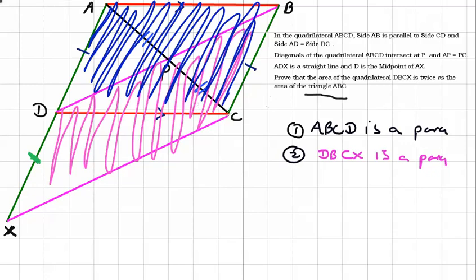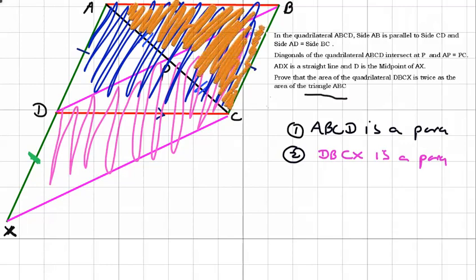So when it comes to a parallelogram, a diagonal breaks the area of the parallelogram into two equal parts, which means the area of ABCD would be twice that of triangle ABC if ABCD is a parallelogram. Understood?